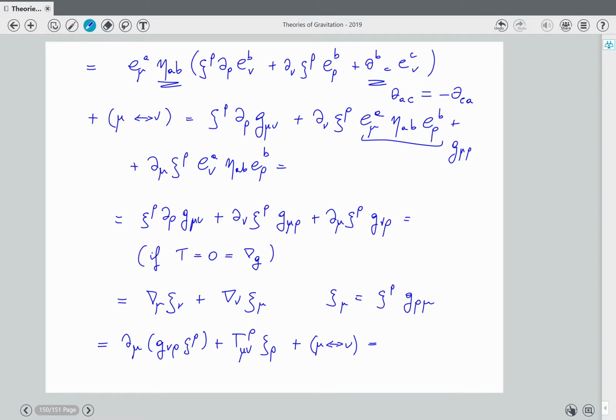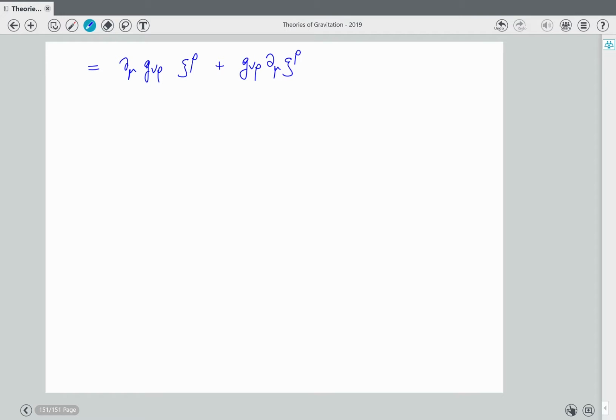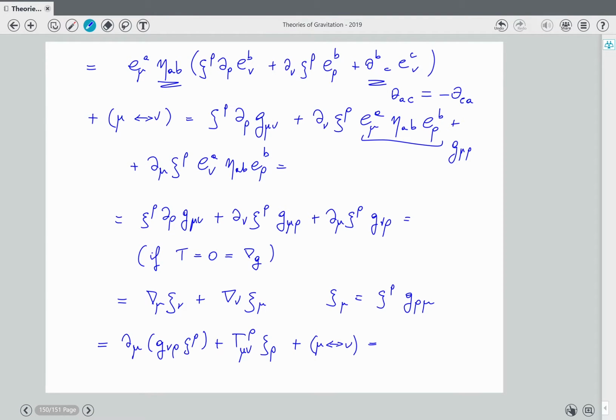In the second, we write explicitly because you know that if those two assumptions hold, gamma nu rho is 1/2 g rho sigma times partial mu g nu sigma plus partial nu g mu sigma minus partial sigma g mu nu.